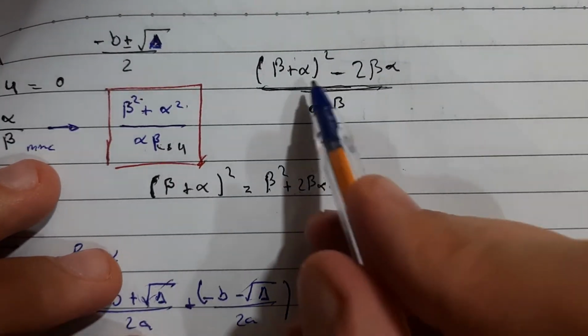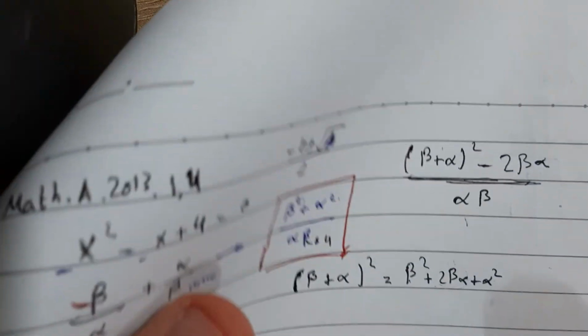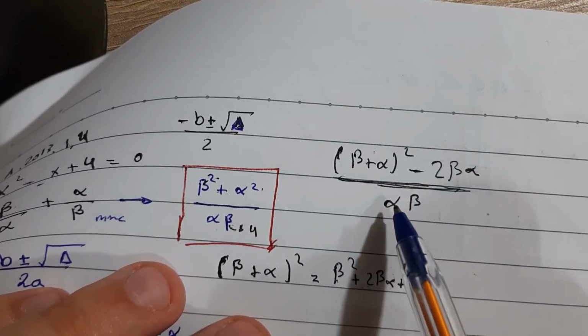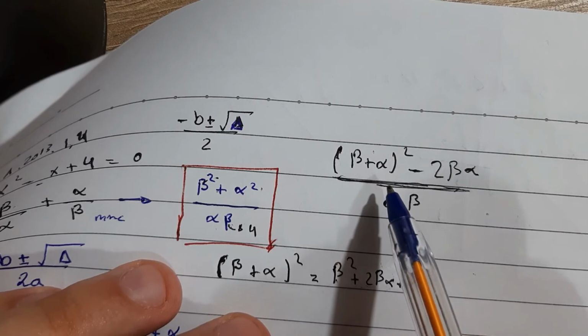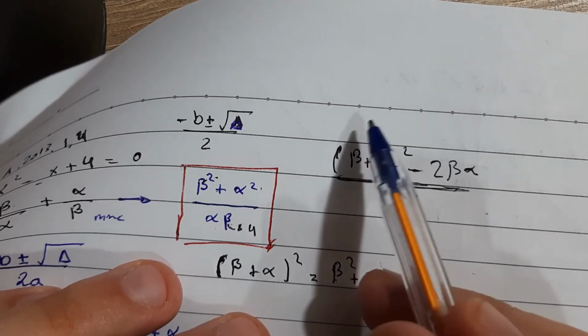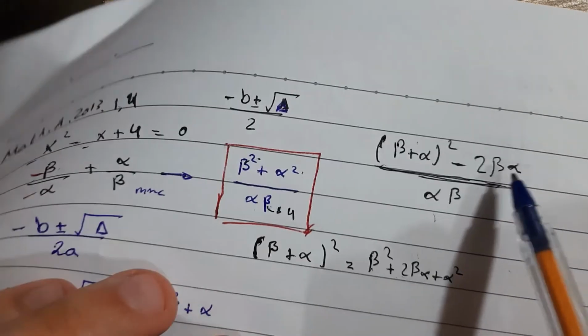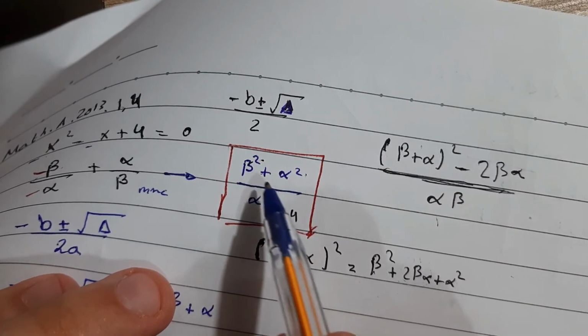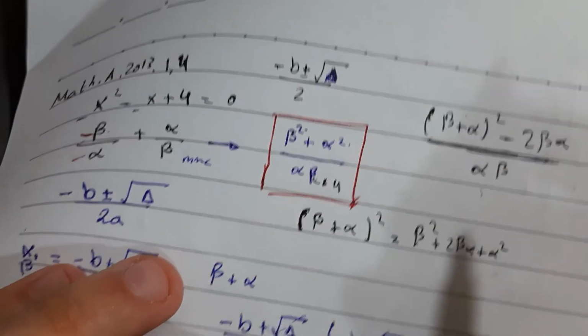All good over here. I'm going to break my phone. So look over here, beta plus alpha squared. When you solve this and subtract 2 beta alpha, you will get this back, okay? Why did I do this?